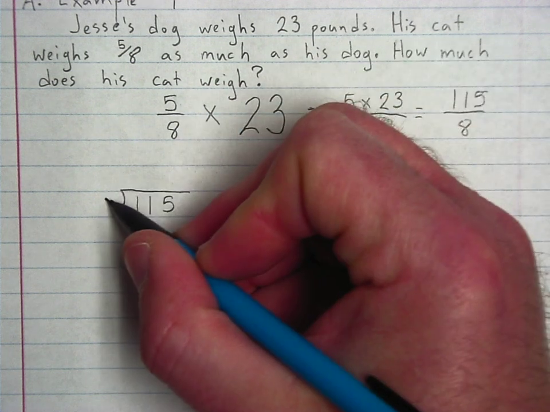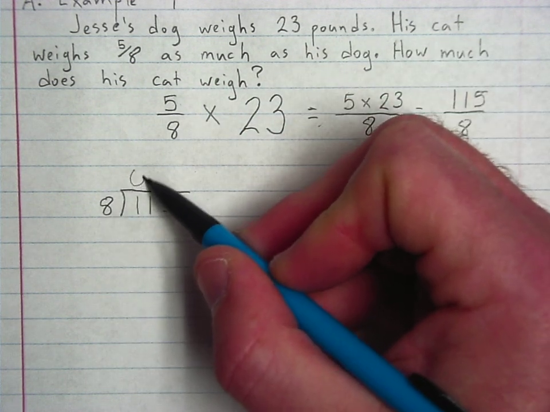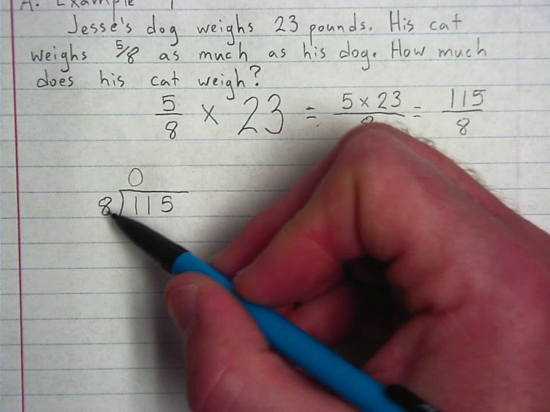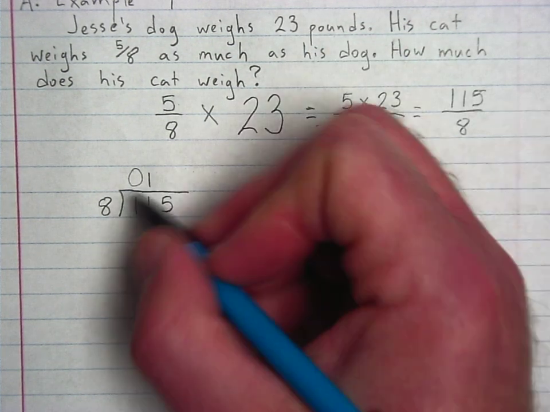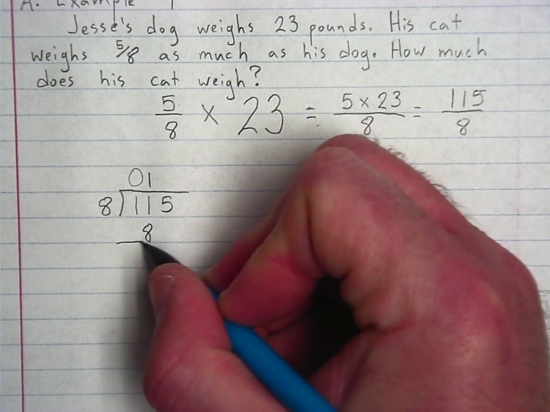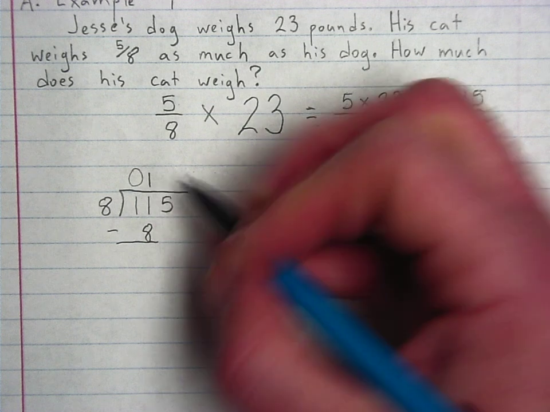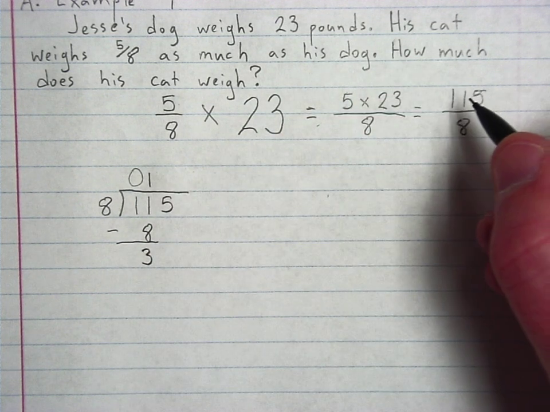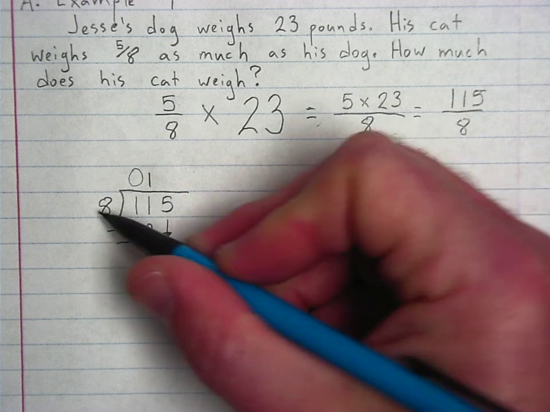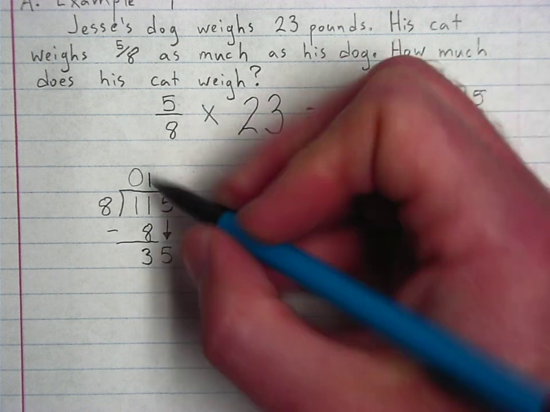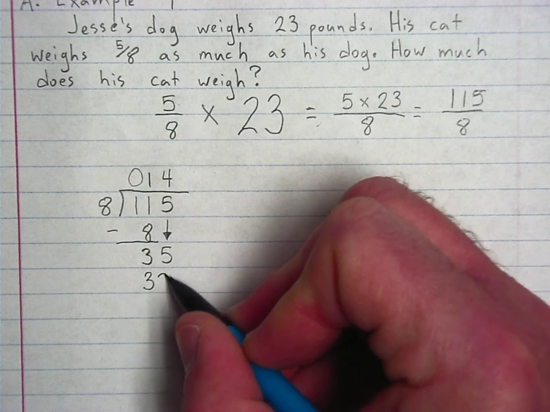115 divided by 8. 8 will go into 1 no times. 8 will go into 11 one time. 1 times 8 is 8. 11 minus 8 is 3. Okay. Bring down the 5. 8 goes into 35 about 4 times, because I know that 4 times 8 is 32.